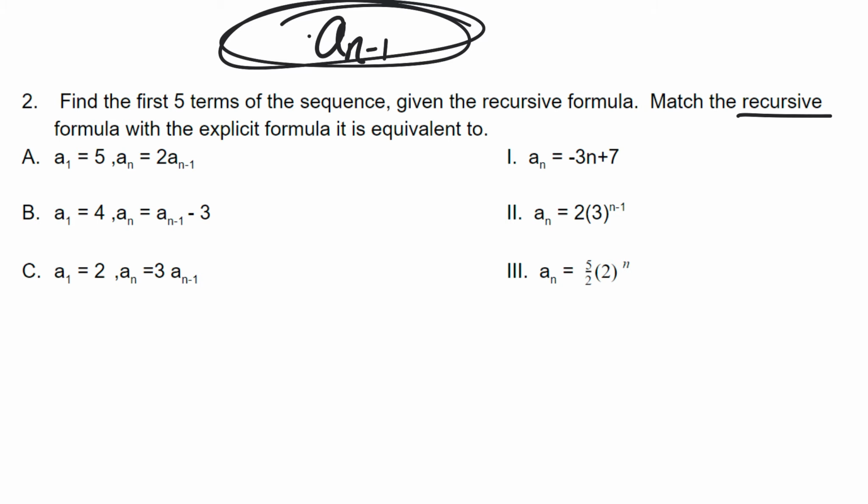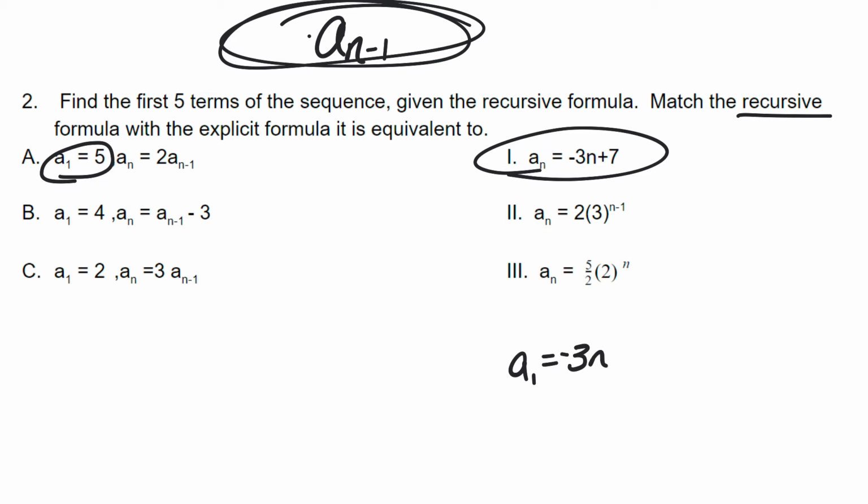Here's what I mean. If a sub 1 is 5, when I plug in 1 to any of these equations, the result should be 5. So just take the first one, for instance. I know the first one is wrong, but if I said a sub 1 into this equation, negative 3n plus 7, well, this tells me the a sub 1 is supposed to be 5.